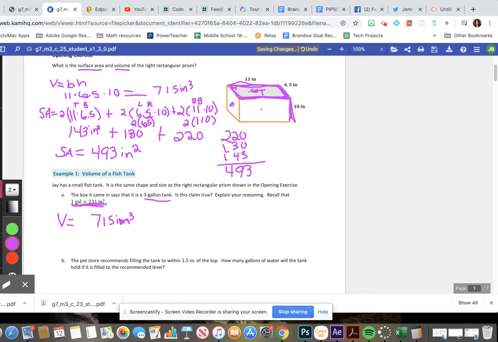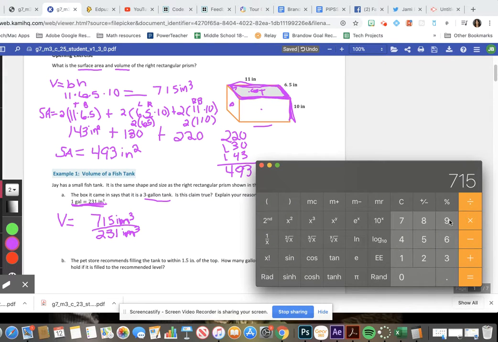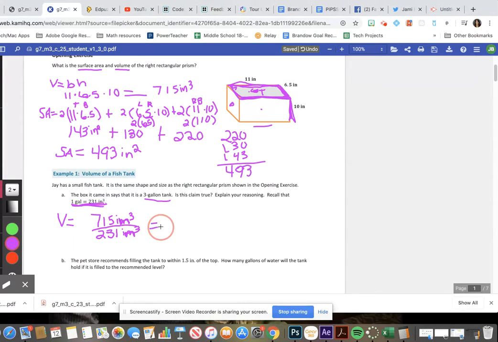If I know that 1 gallon is 231 inches cubed, I can take the volume of this fish tank, which is 715 inches cubed, divided by what they tell me 1 gallon is in cubic inches, which is 231 cubic inches, and divide those two. 715 divided by 231 gives me 3.095 something gallons, because I'm converting to gallons.